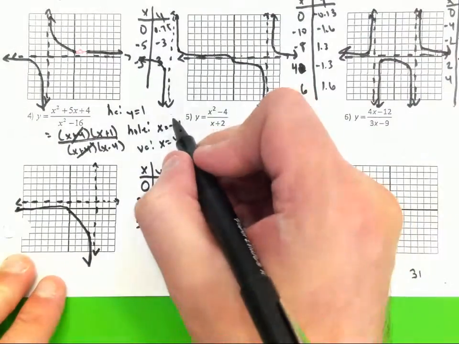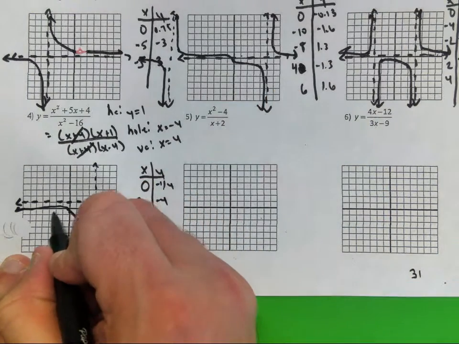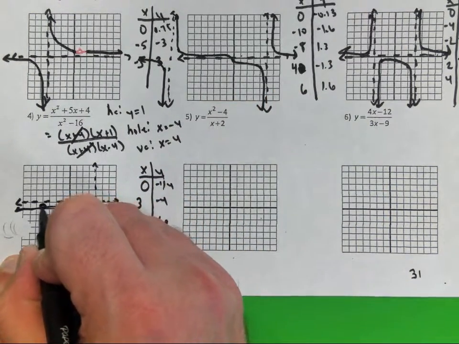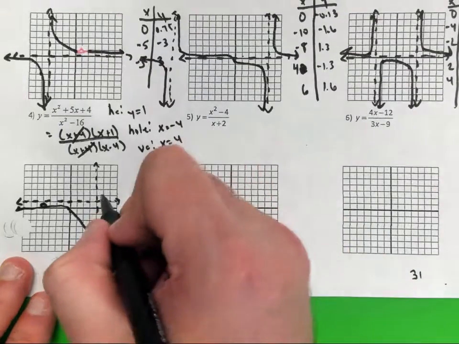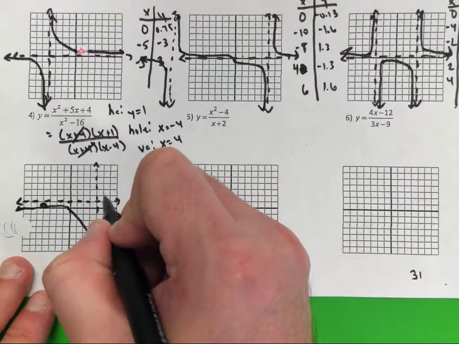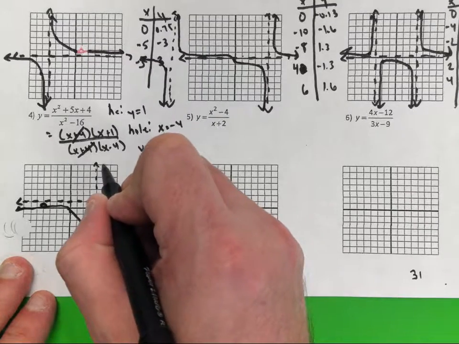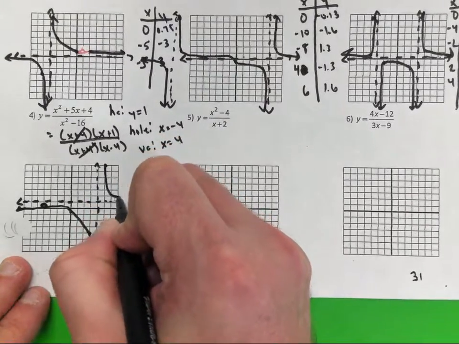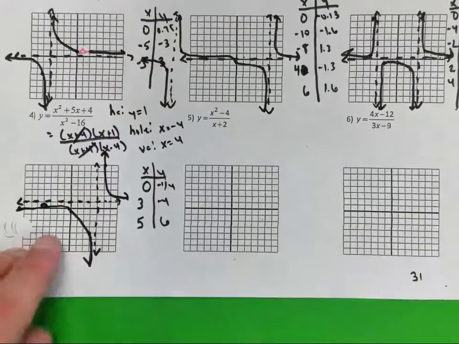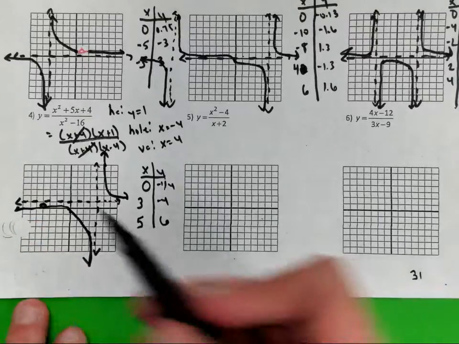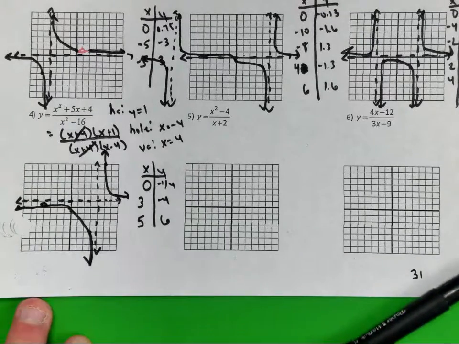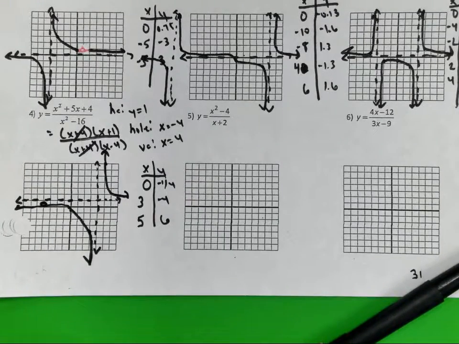Remember, I have a hole at x equals -4, y equals 3. So I need to come up here and put a hole to signify there's a hole in the graph. Just put a hole on your line wherever it's going near x equals -4, and that would be your graph.